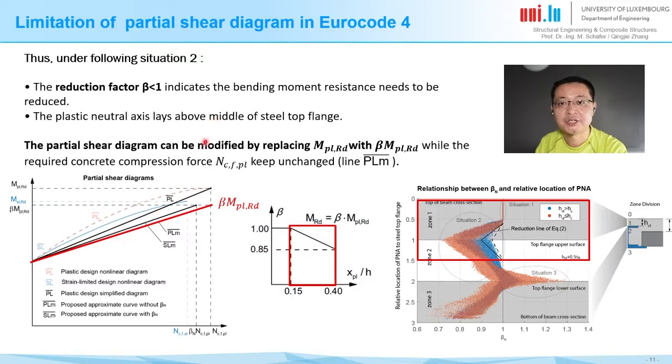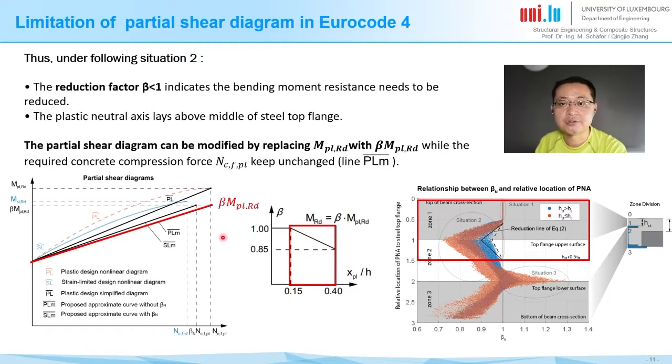For the second situation, you have the plastic neutral axis position still above the middle of the steel top flange. However, the reduction factor beta is smaller than 1, which indicates the relative compression zone height is bigger than 0.15.